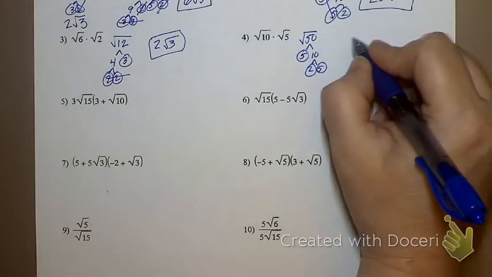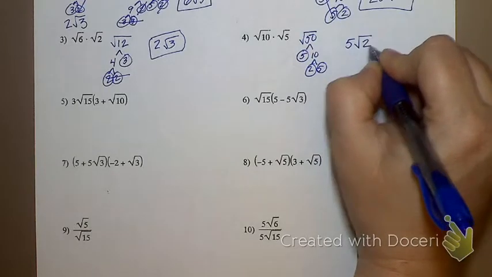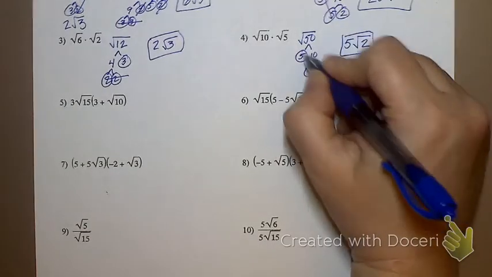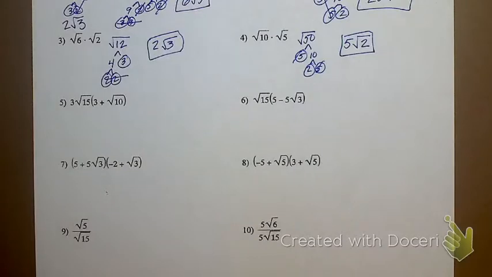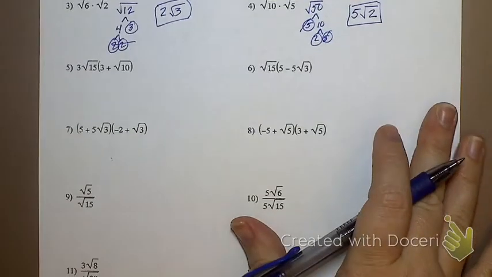What do I get? 5 radical 2? Is that what you got? Beautiful.